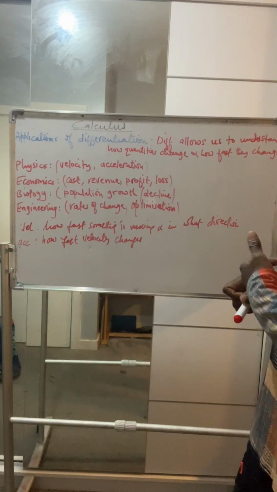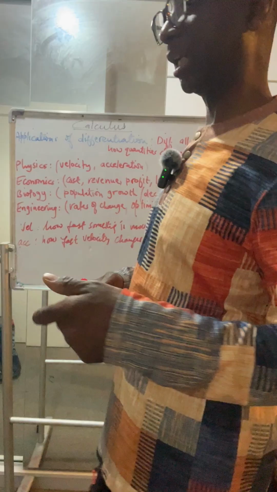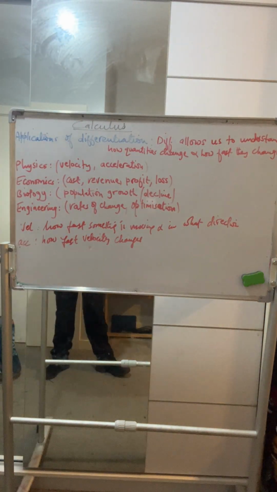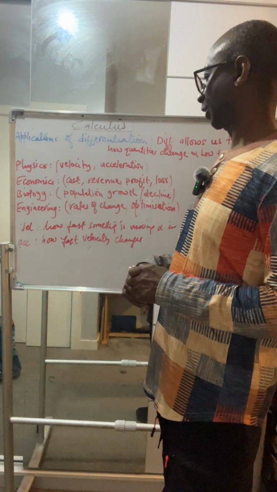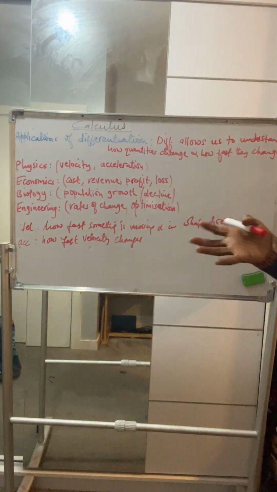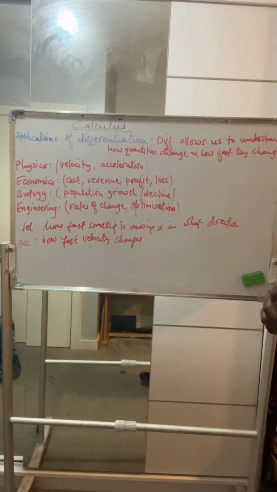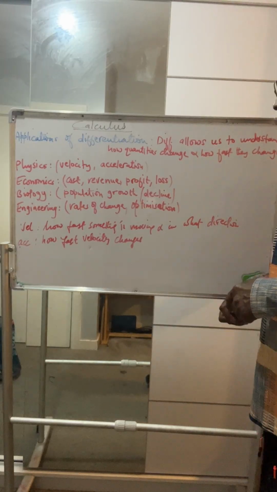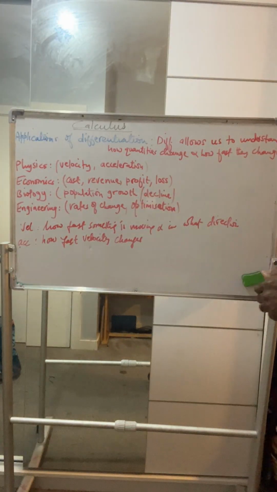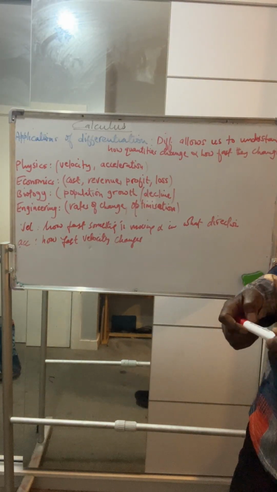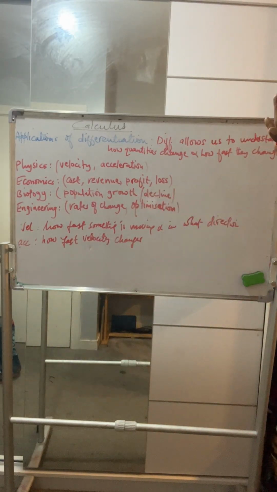In biology, for example, population growth or population decline, we use calculus to do that. In engineering, we use rate of change, things that change, and also optimization. Optimization simply means maximizing things. So this is what we have for the application of differentiation.